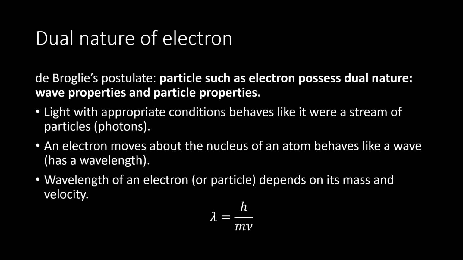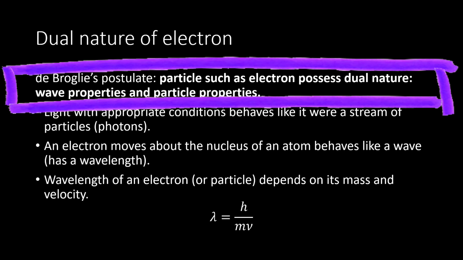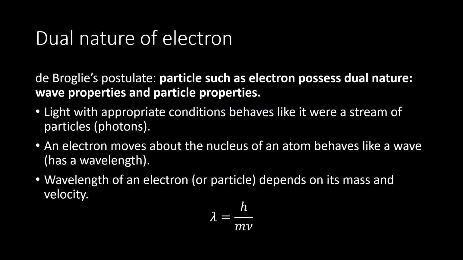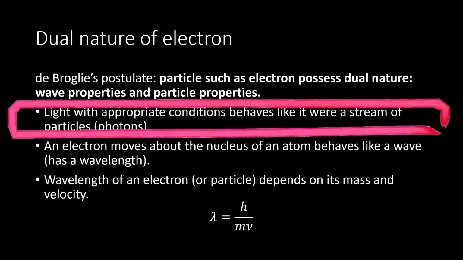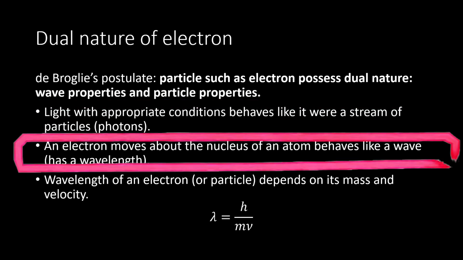De Broglie explained that particles such as electron possess dual nature, the wave nature and also the particle nature. De Broglie suggested that light under appropriate conditions could behave like a stream of particles. Particles such as electron, when moving about the nucleus of an atom, also behave like a wave.